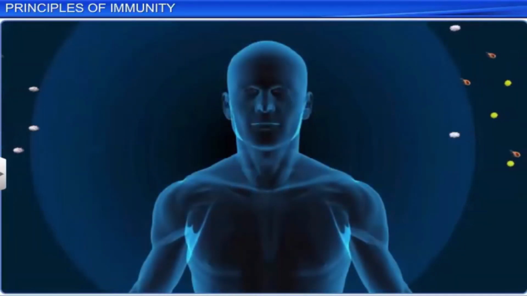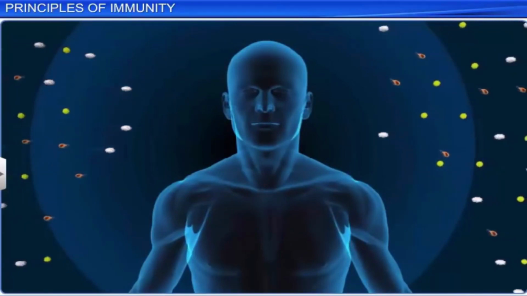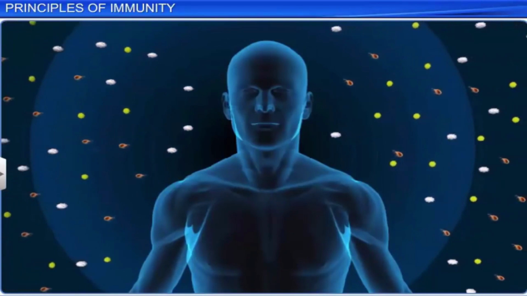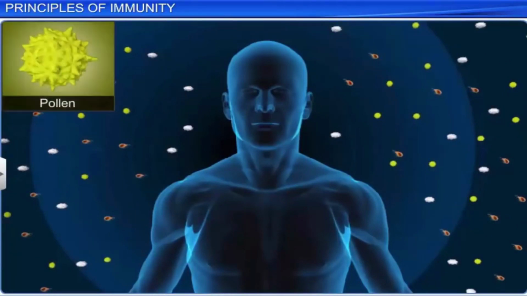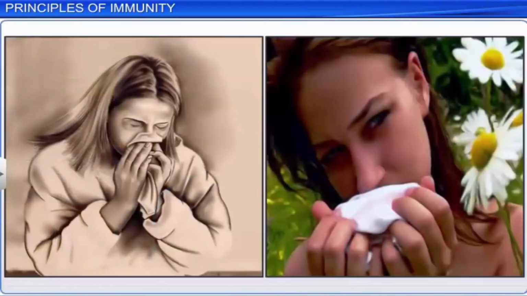Similarly, apart from an autoimmune response, the immune response also comes into play during an allergy. It is interesting to note that some particles in the environment, such as pollen, dust, and mites, cause us to sneeze or wheeze for no apparent reason. This usually happens because people are allergic or sensitive to these particles.